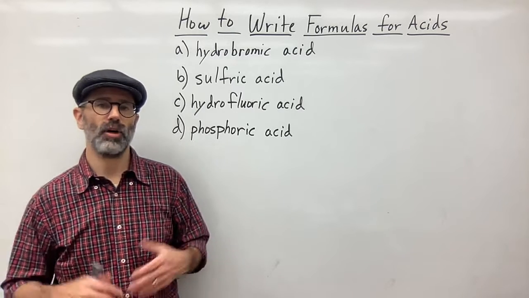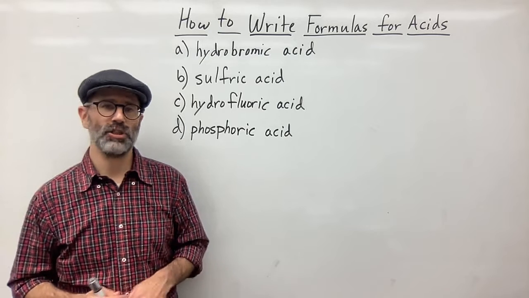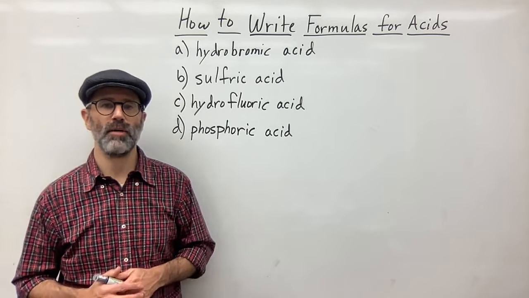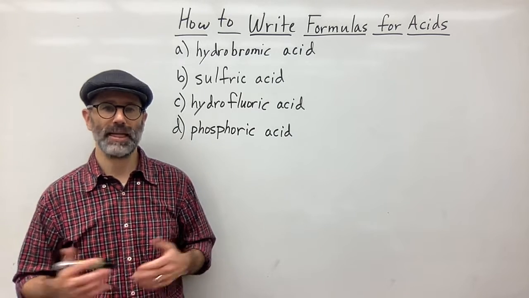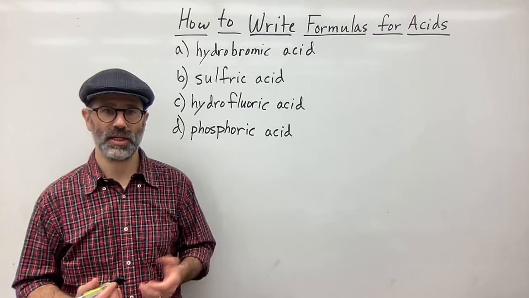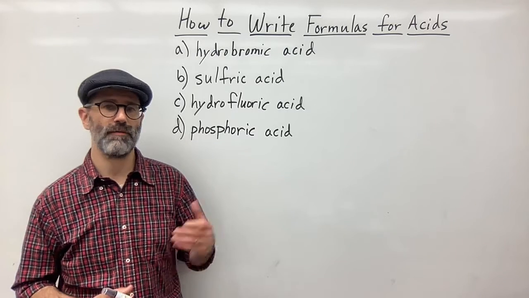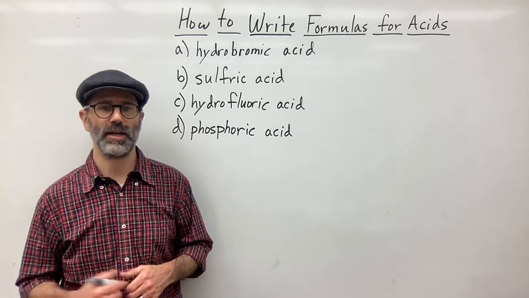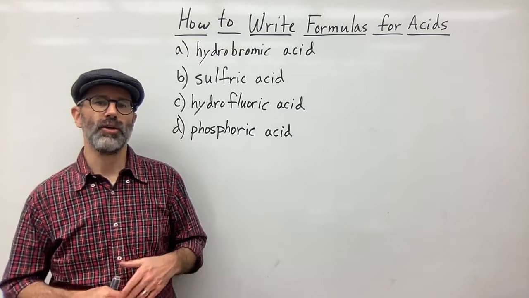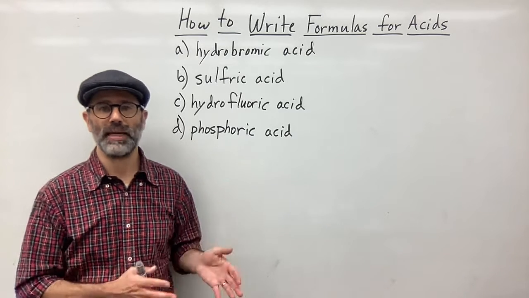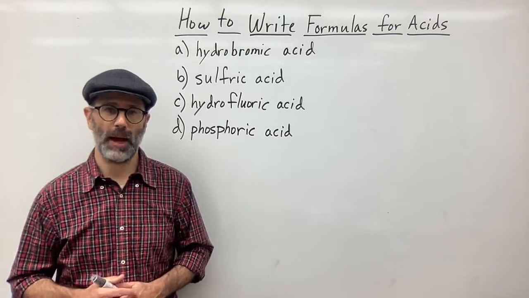And then you've got what are called the oxyacids, which are made up of hydrogen and some form of a polyatomic ion with oxygen in it, like a sulfate ion or a phosphate ion or a sulfite or nitrate or something like that. So you need to be able to distinguish that from the name, and I'm going to show you how to do that.